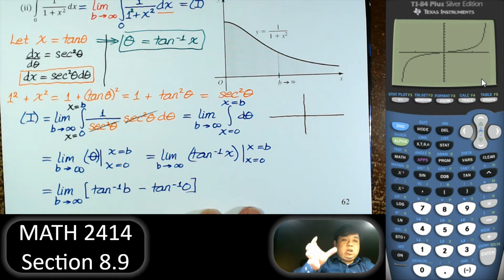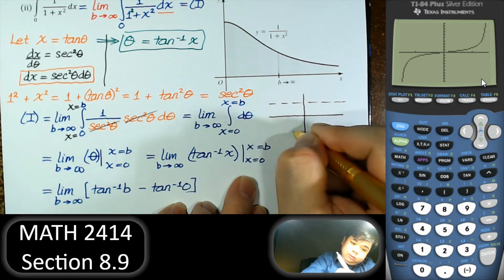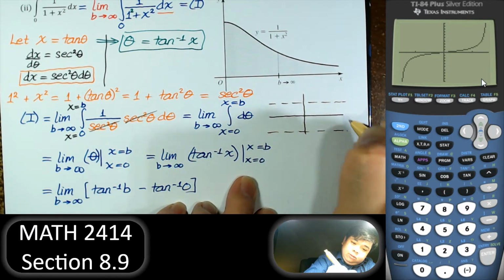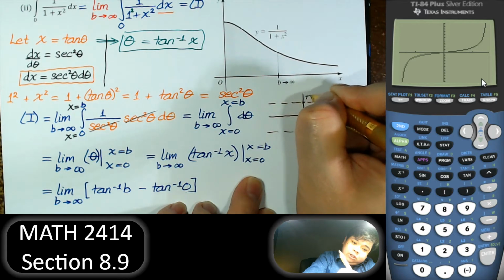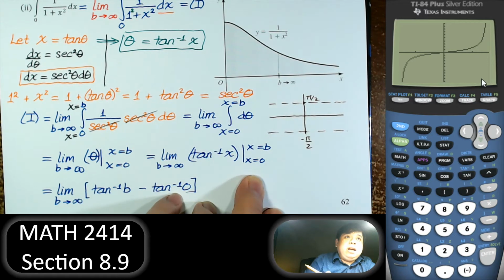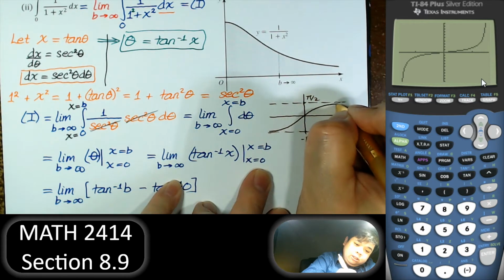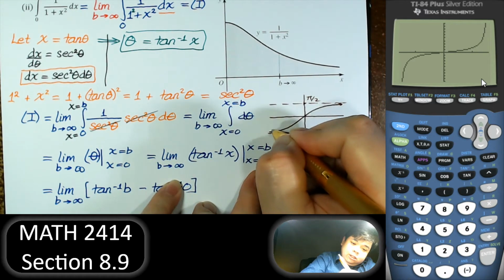So if we turn this to the tangent inverse, the vertical asymptotes become horizontal asymptotes, where here is pi over 2 and negative pi over 2, and the tangent inverse is like that.